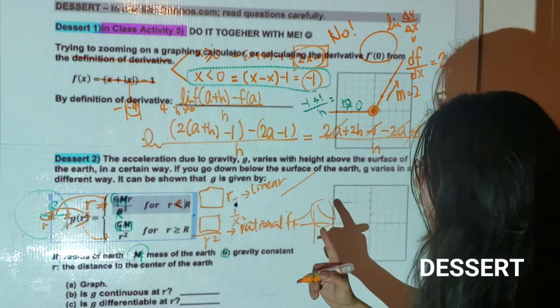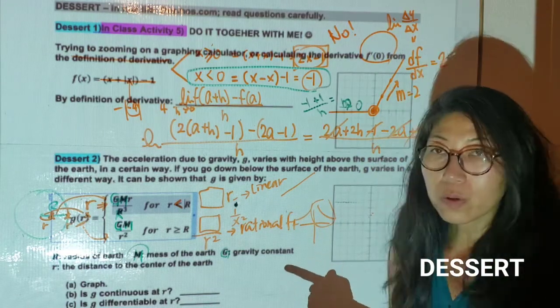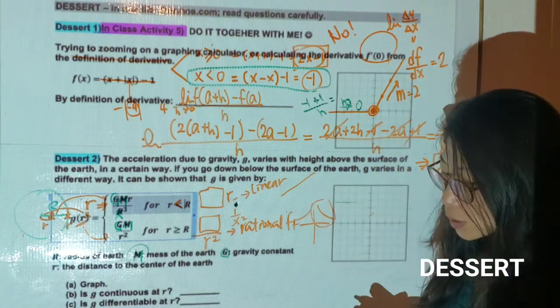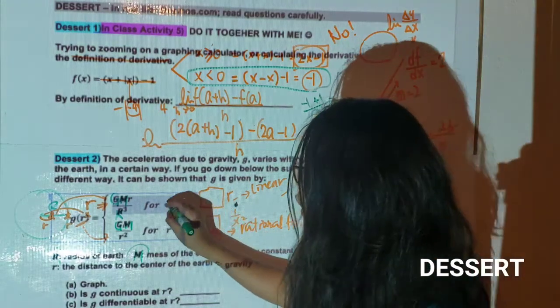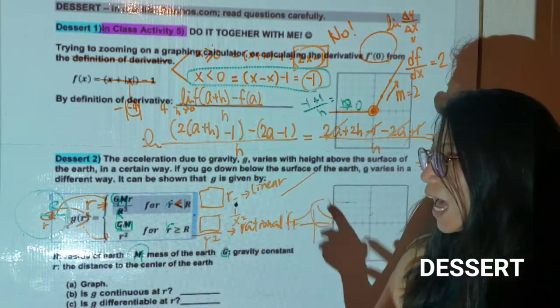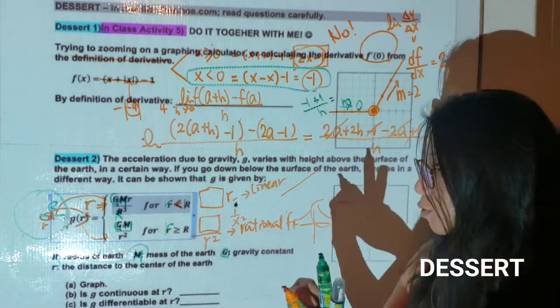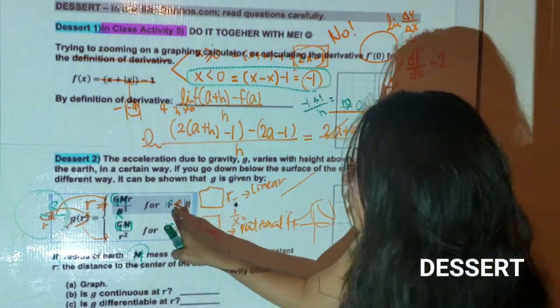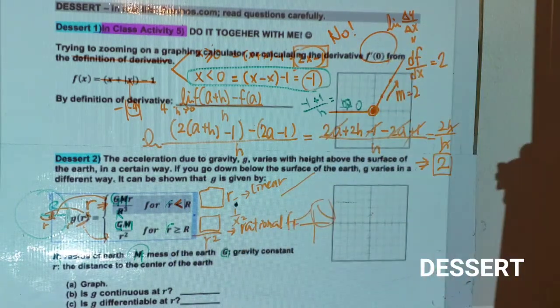So now, are they continuous? I don't know. How do I know that it's continuous? I need to check that when r is the same, when it meets right here, it has to be connected at the same value, right? So let's plug in big R for small r. What happens?